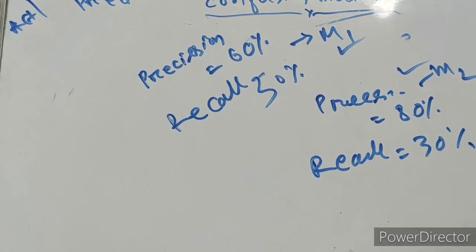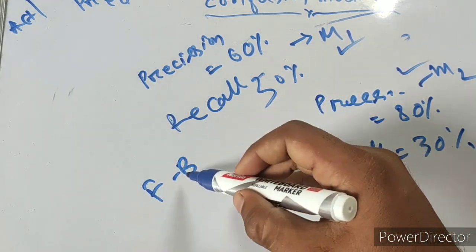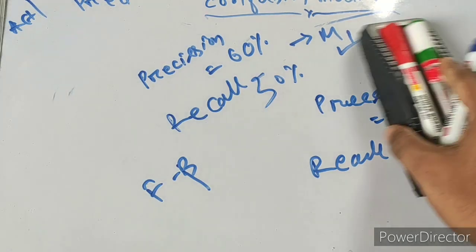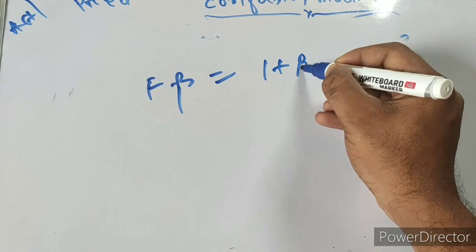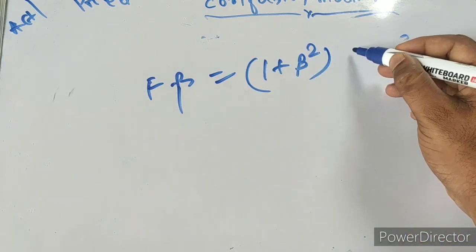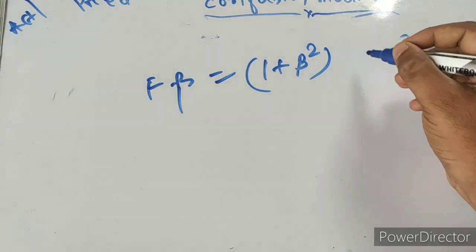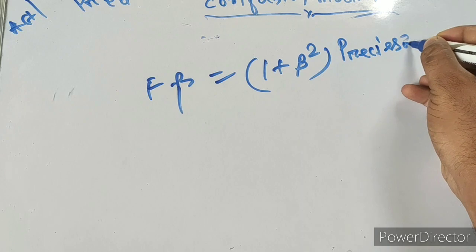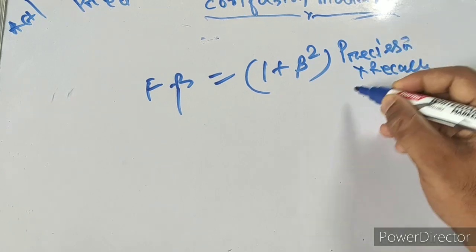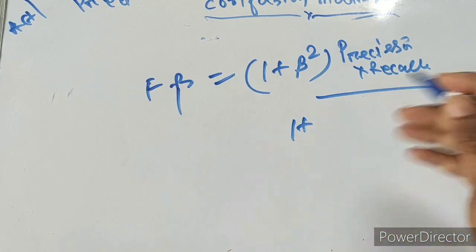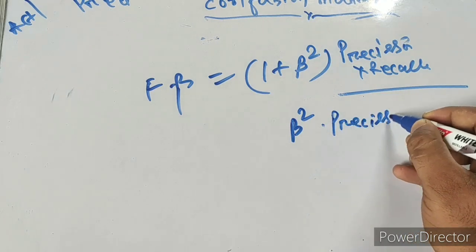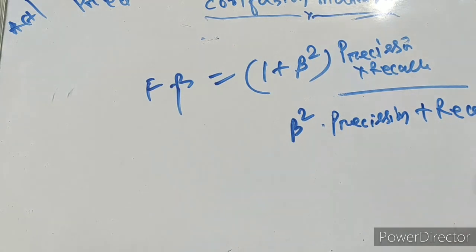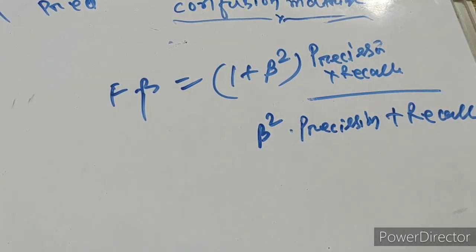If F beta score is applied, the formula will be: F beta score equals (1 plus beta square) into precision into recall, divided by (beta square into precision plus recall). This is the formula of F beta score.